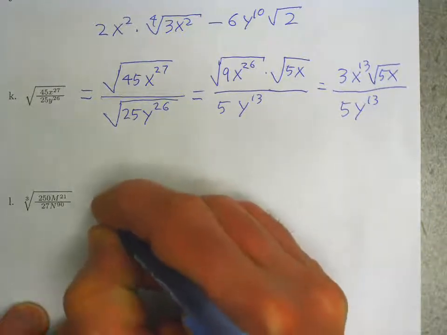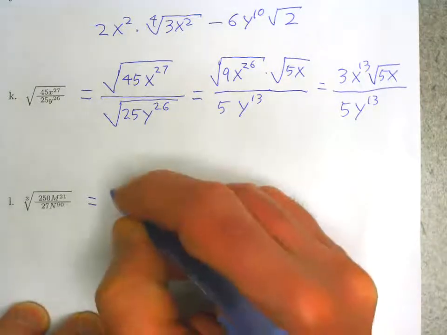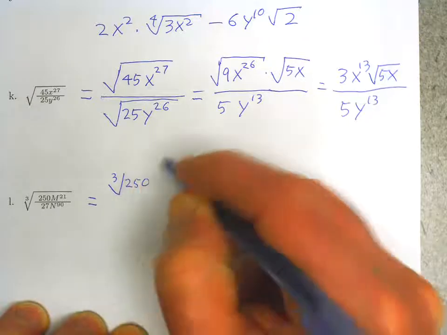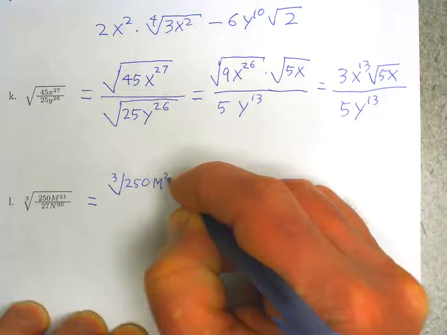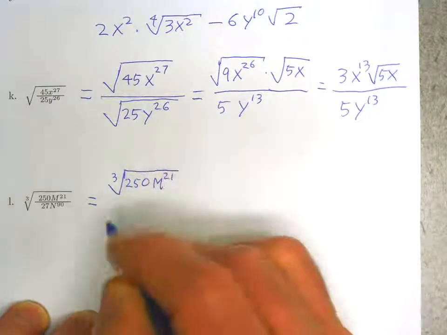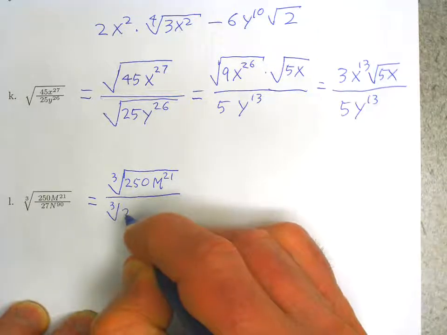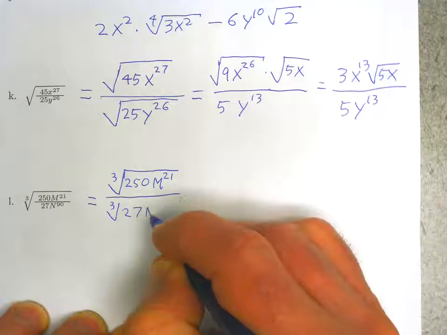We can use the quotient property of radicals and write the cubed root of 250 m to the 21st in the numerator, and in the denominator the cubed root of 27 n to the 90th.